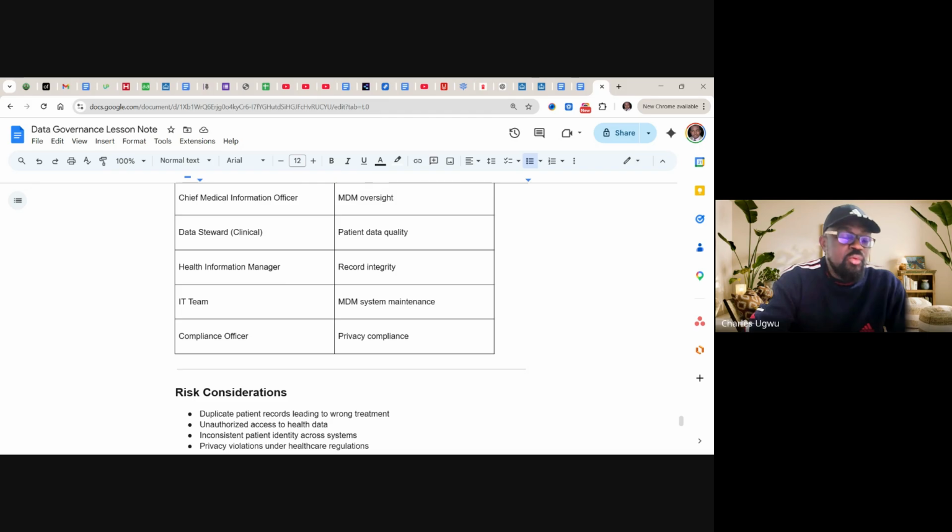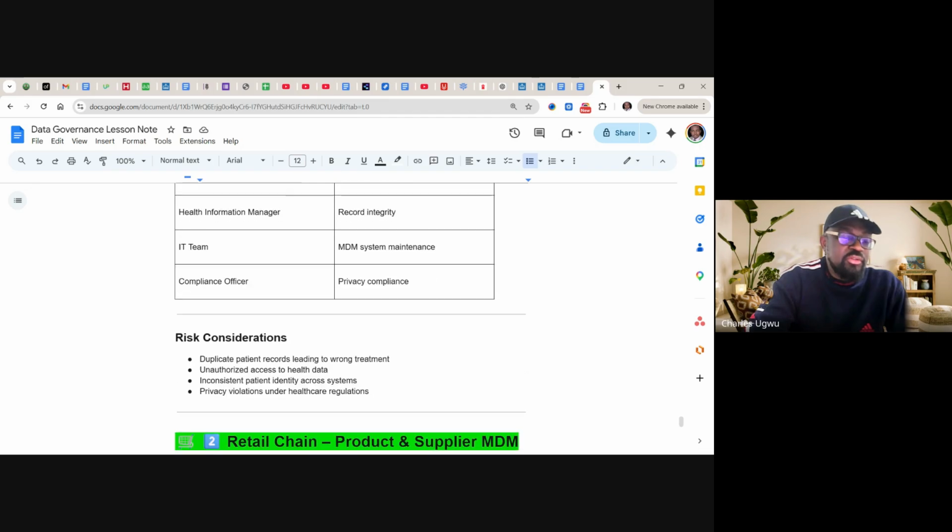And then we have risk consideration. Risk considerations here are duplicate patient records leading to wrong treatment, unauthorized access to health data, inconsistent patient identity across systems, and privacy violation under healthcare regulation.